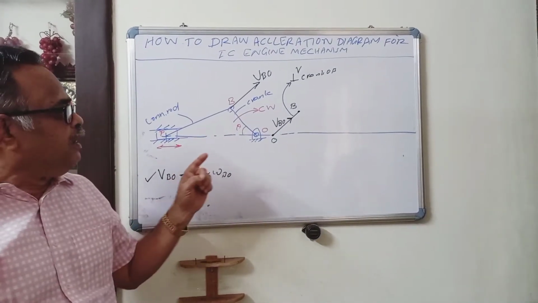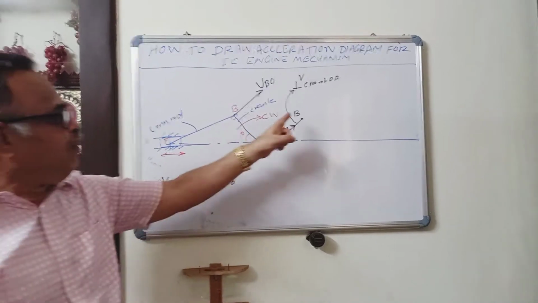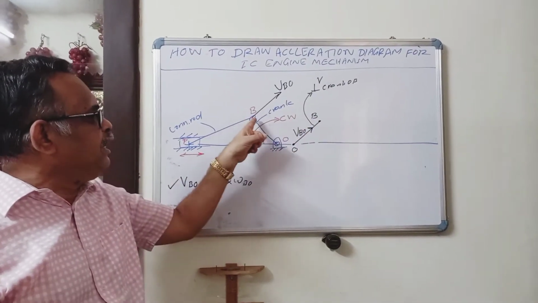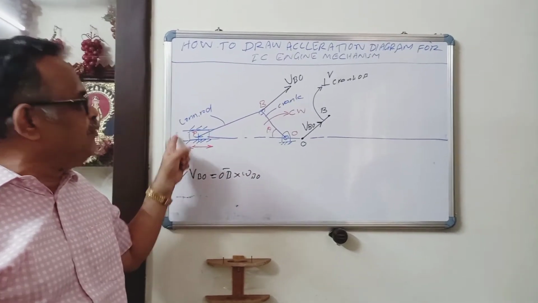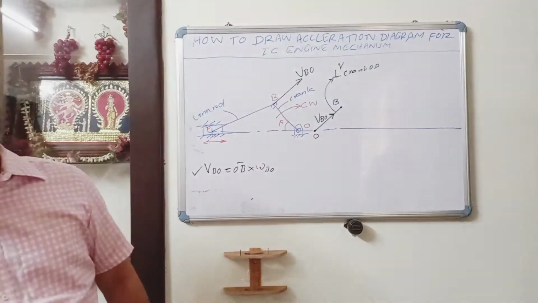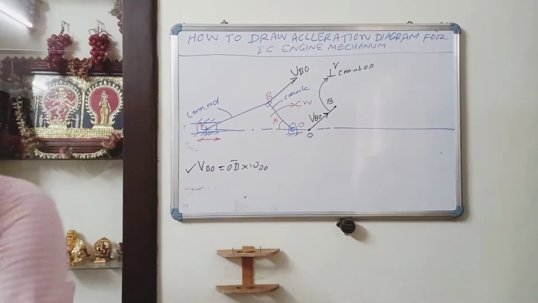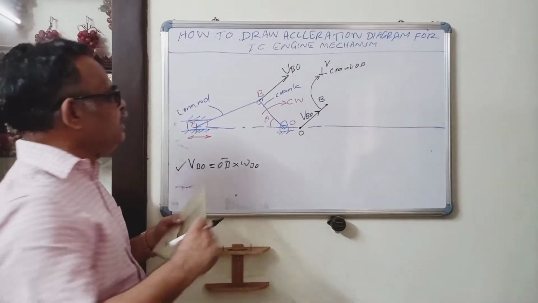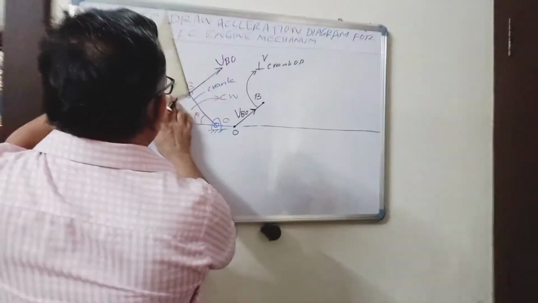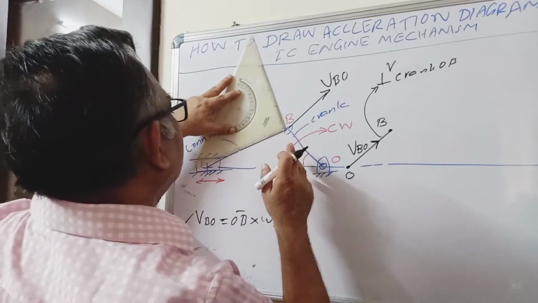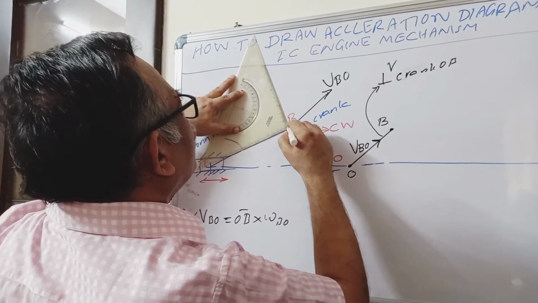Now next thing is velocity of P with respect to B. How will you draw that? See, when it goes like this, velocity of B will be upwards, right? So we'll put the set square like this and put a line like this.